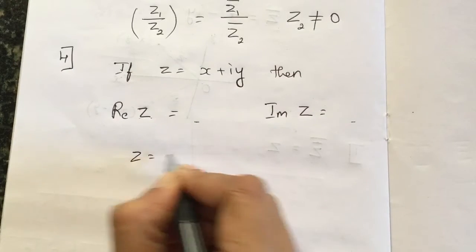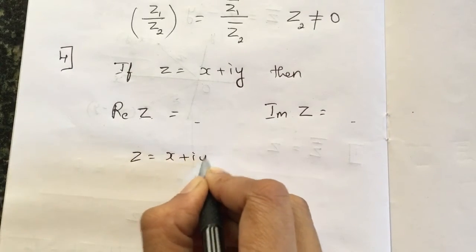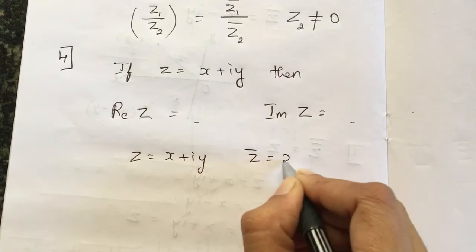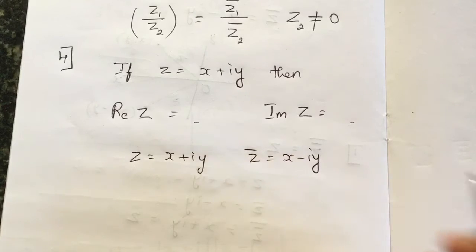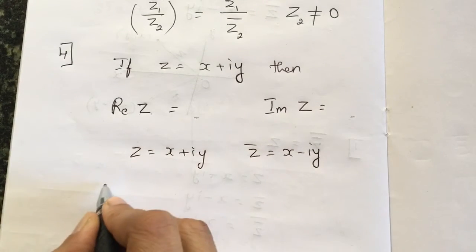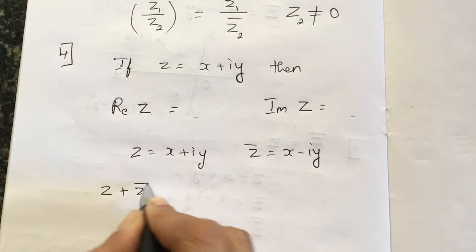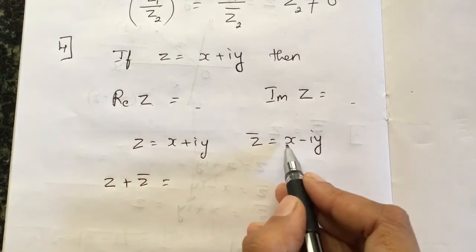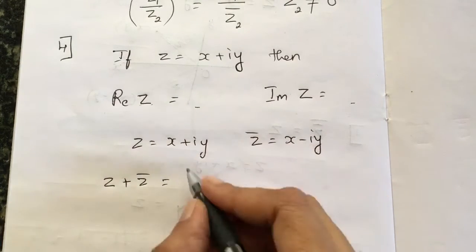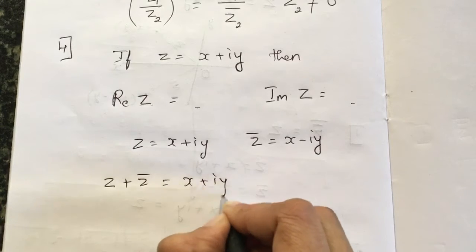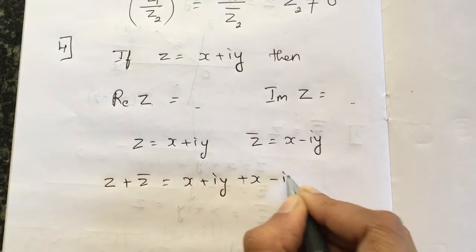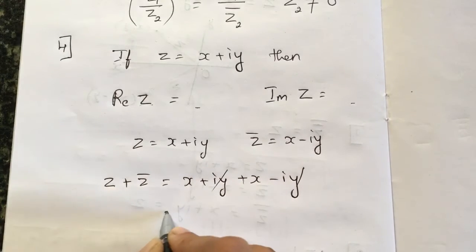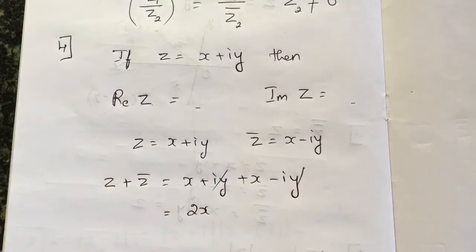Z is x plus iy and z bar is x minus iy, right? So let us add them, z plus z bar. So it's x plus iy plus x minus iy. The iy will get cancelled, so it is 2x.